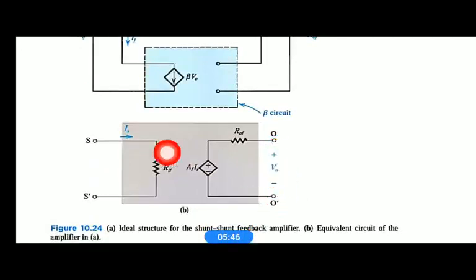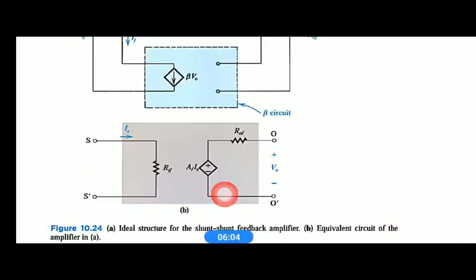The gain for the total amplifier with feedback is AF, which we can represent at the output with a voltage source having value AF into IS.